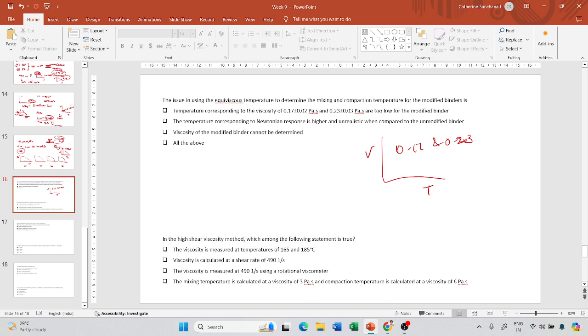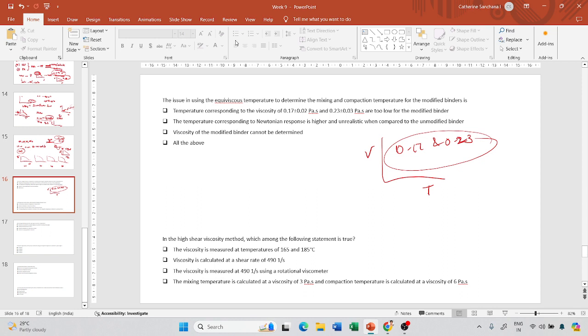So at high temperatures also, its viscosity will be higher. In order to reach these viscosities, you need to go to even higher temperatures, which means your mixing and compaction temperature will be very high, okay, and unrealistic compared to unmodified bitumen.